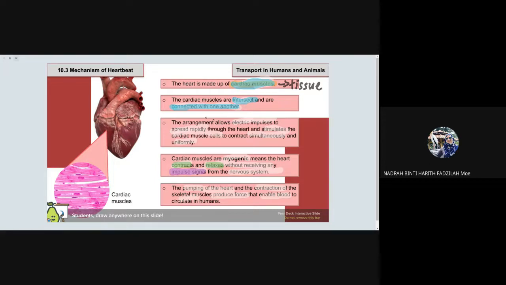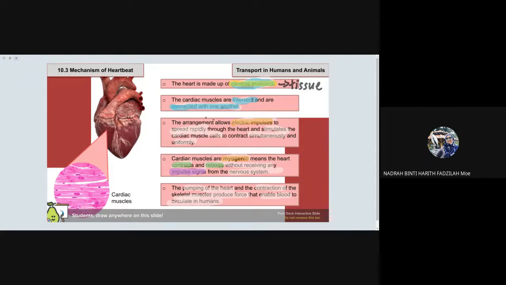So the main structure of the heart is made up of mostly cardiac muscle. Diperbuat daripada otot kardiak atau cardiac muscle. Okay, dari segi karakteristik, if you can see from the diagram, the muscle fibers of cardiac muscles are intersecting and connected with one another.